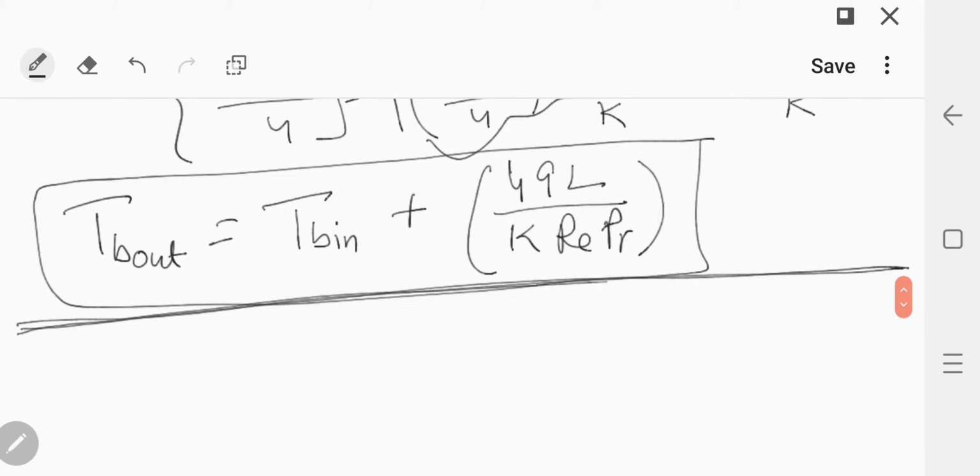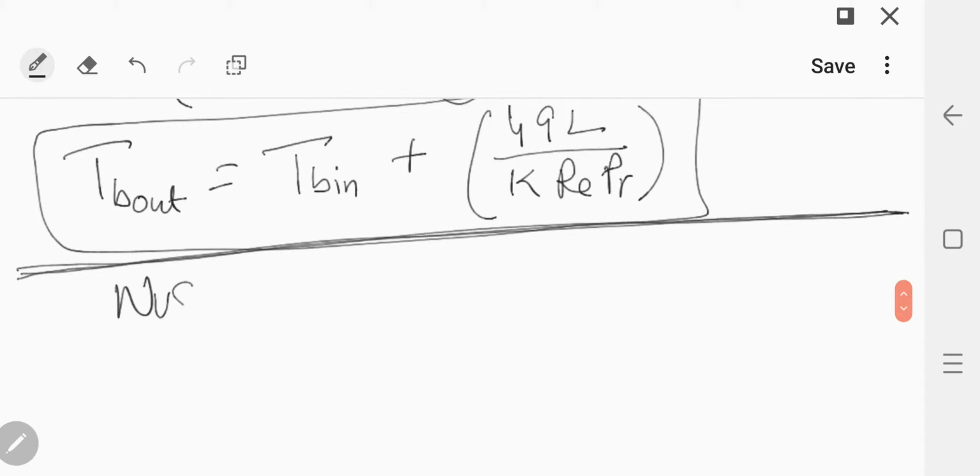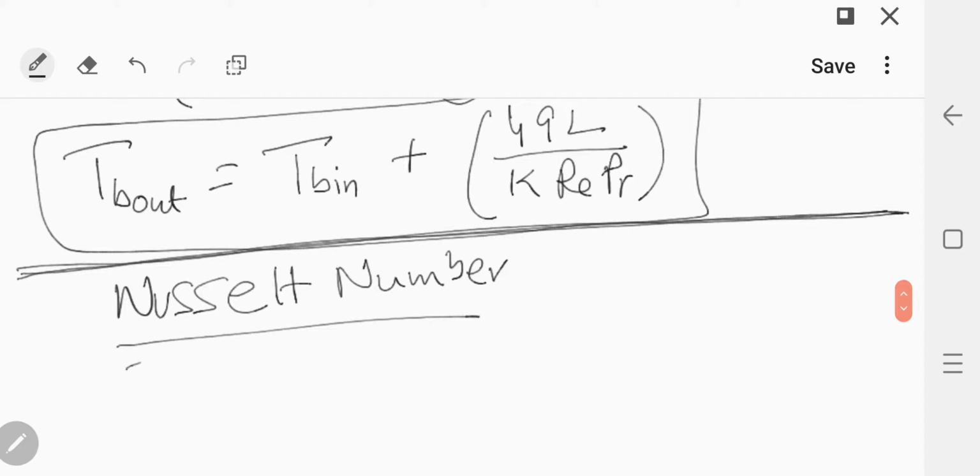Now moving further, we're going to calculate the Nusselt number for thermally developed flow. Now why are we calculating Nusselt number?